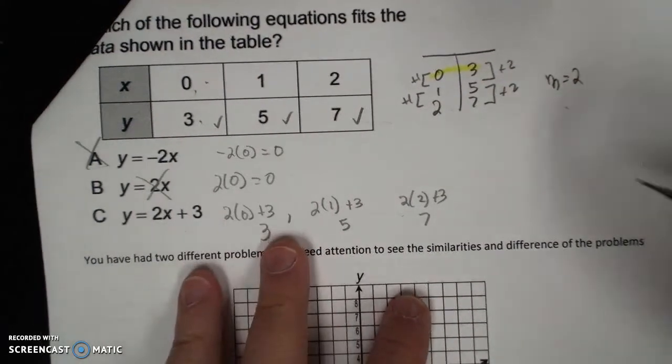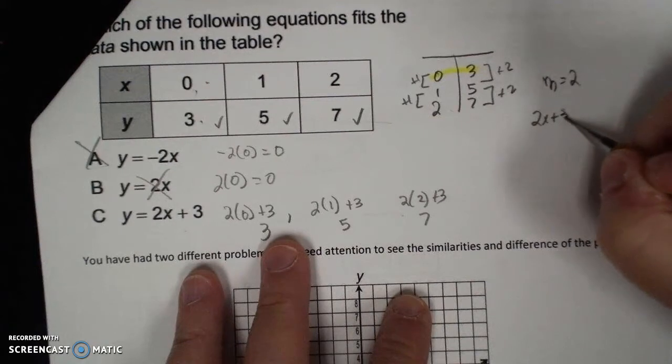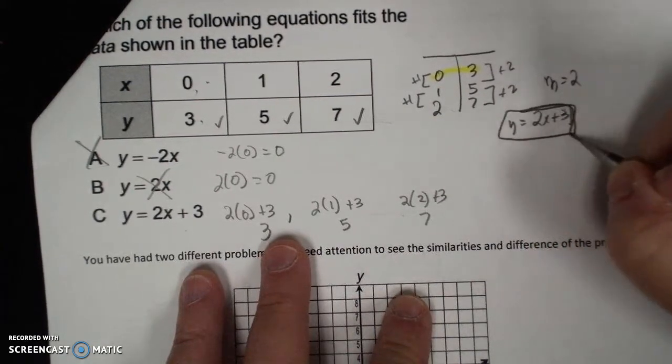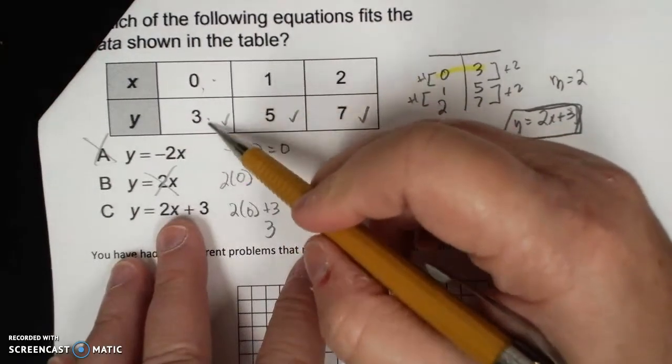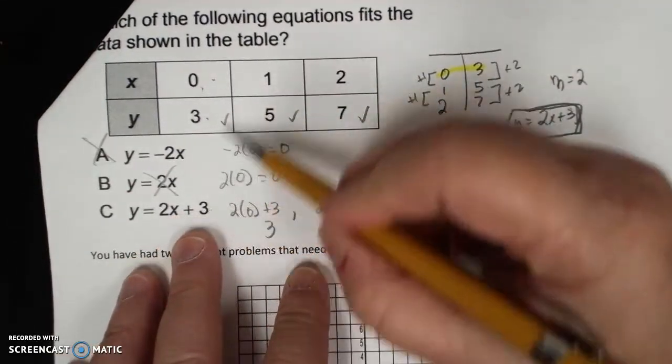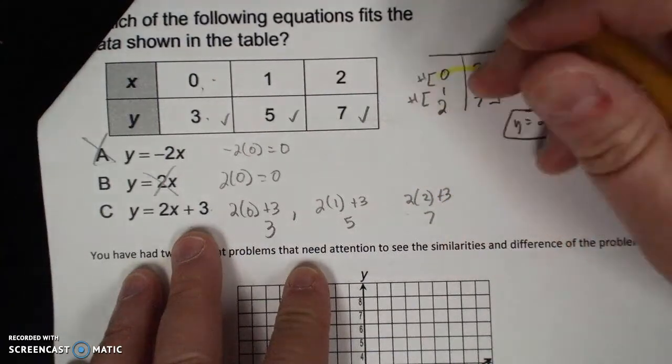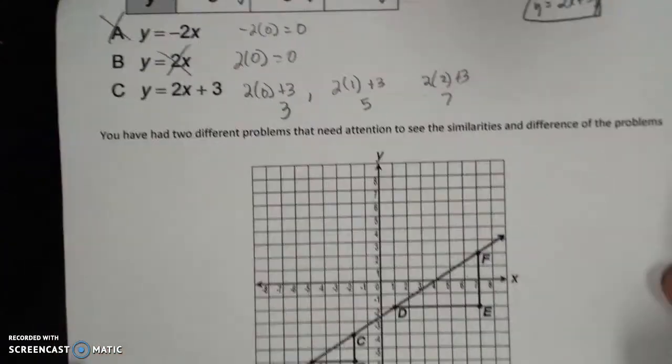So it is y equals 2x plus 3. But please be careful on this. You can't assume that this is the y-intercept and go straight to here without checking the slope all the way down and all the values, because like I said, sometimes they will do that.